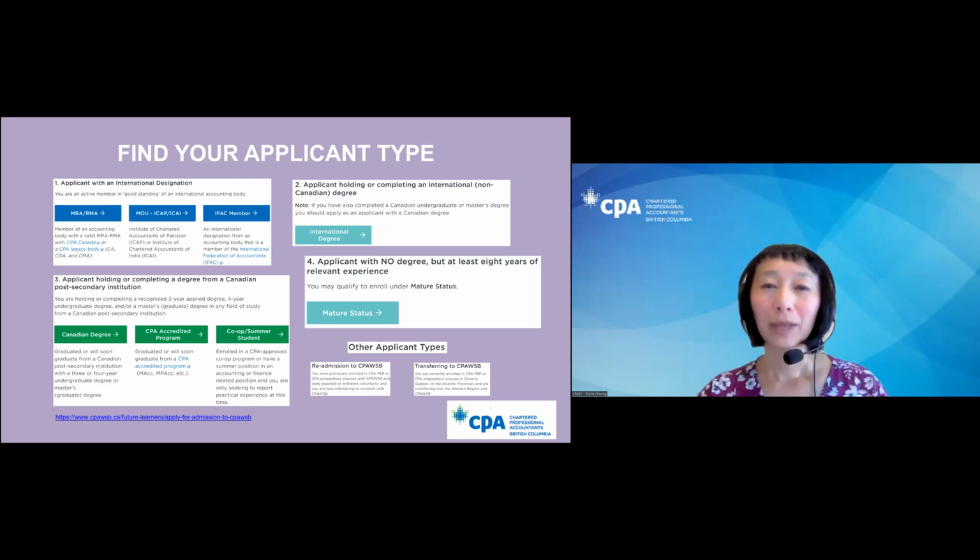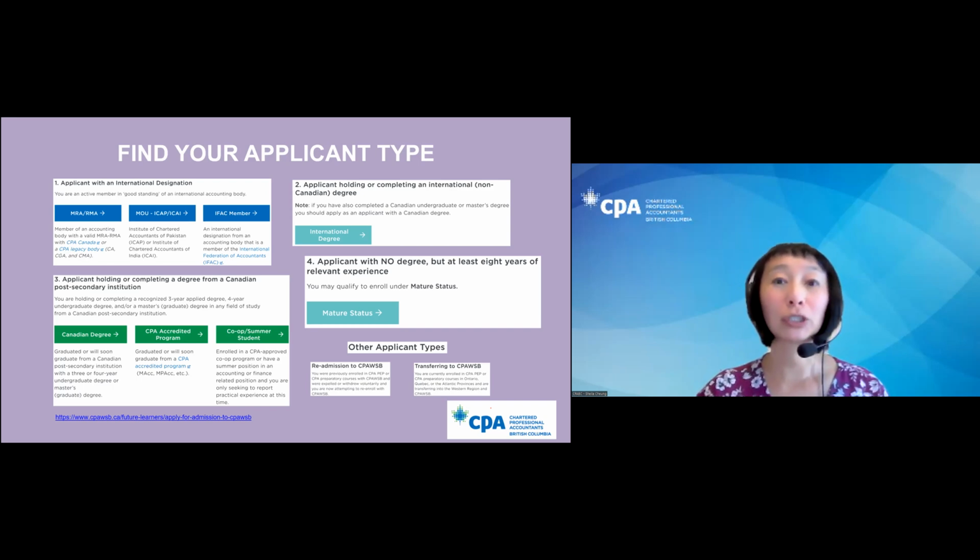Applicant type 2 is a person who is holding an international degree. Applicant type 3 is a Canadian degree holder. Now, Canadian degree holders might be someone who has just a Canadian degree, or they might be attending a Canadian post-secondary institution under the accredited program, or you might be attending a Canadian post-secondary institution and you might be a current co-op student.